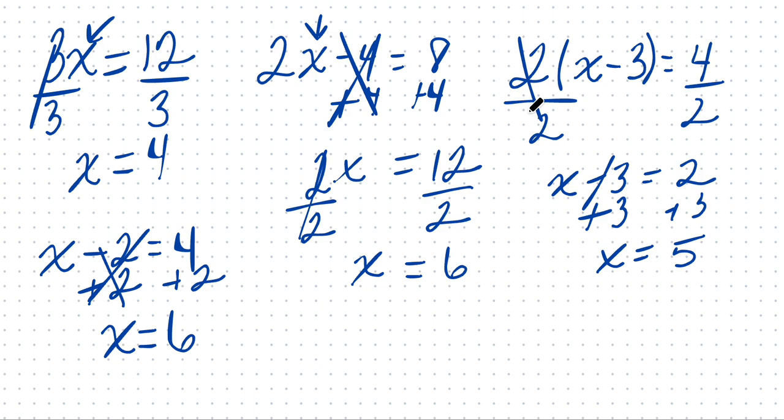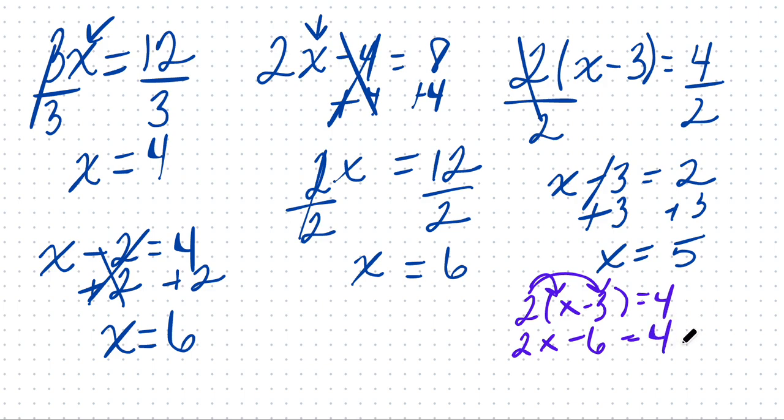Now, in math, though, there are a lot of ways to solve the same equation. I could have solved this equation by distributing the 2. So if I had 2 times x minus 3 equals 4, I could have taken this 2 and distributed it to each term inside of my parentheses, giving me 2x minus 6 equaling 4.